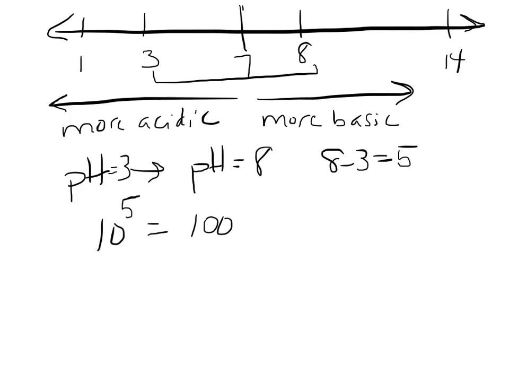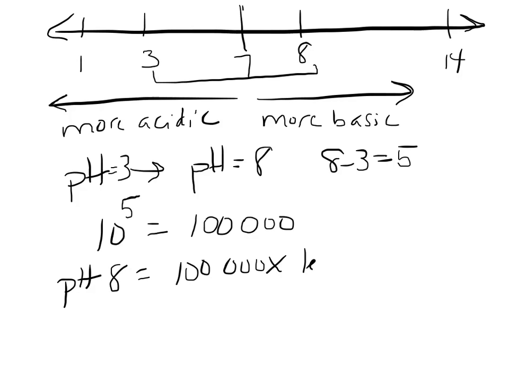So this is going to be 100,000, so I'm going to add 5 zeros: 1, 2, 3, 4, 5. So a pH of 8 is 100,000 times less acidic than a pH of 3. So that's important to note.